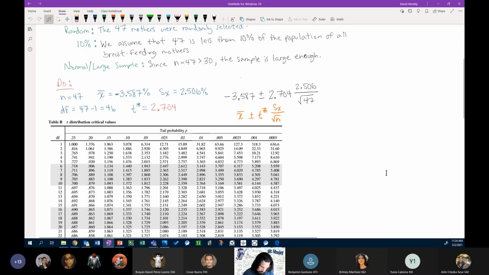Right, and we'll finish our calculation here. When we put this through our calculator, we get the interval negative 4.575 to negative 2.599. And so this is our interval, our 99% confidence interval.